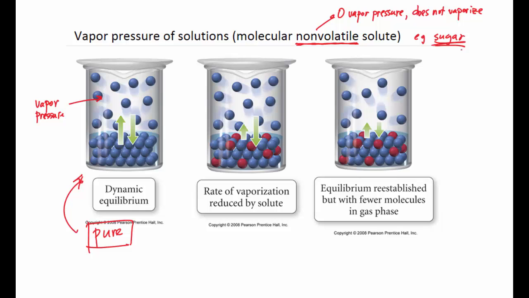So rate of vaporization is reduced, but rate of condensation has not changed. We didn't change anything with the gas up there, but if we're putting fewer molecules up into the headspace, that means when equilibrium is reestablished, there will be lower pressure, right? This is going to be the reduced vapor pressure.